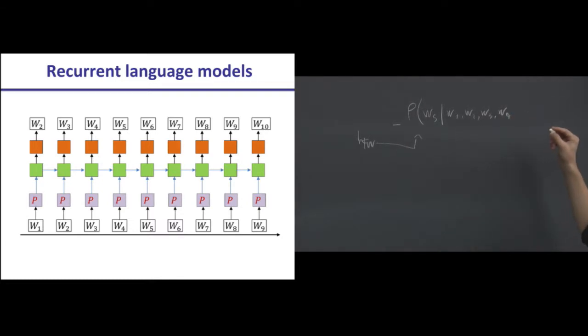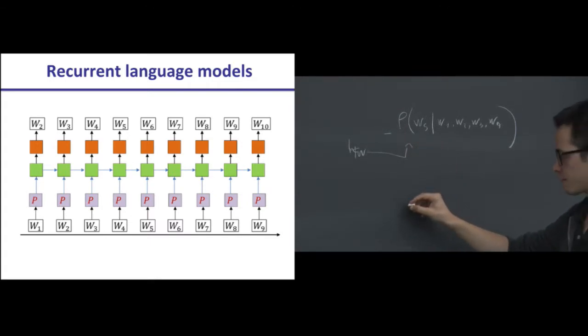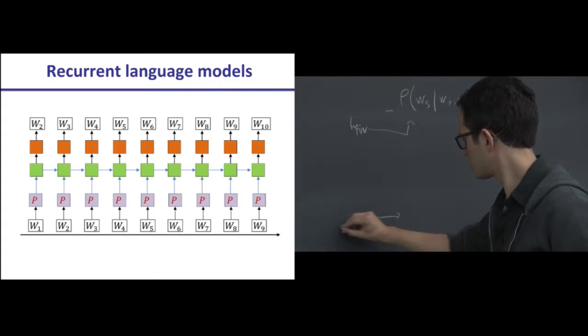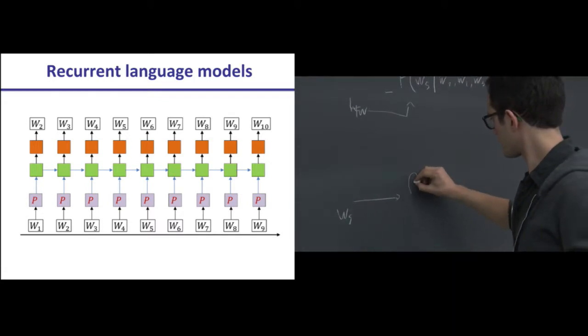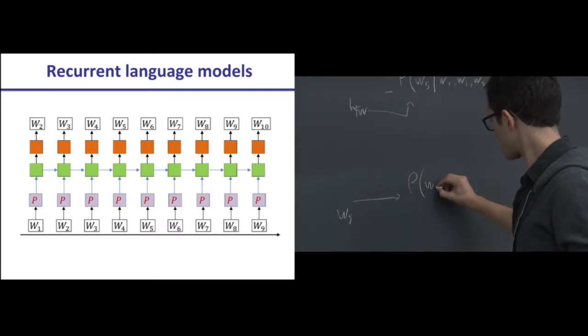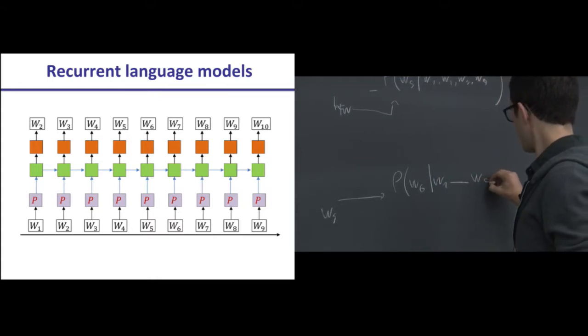Can you follow? Yeah, perfect. So you get that. If you feed W5 at the next step, the thing you're going to get is the probability of W6 given W1 to W5.